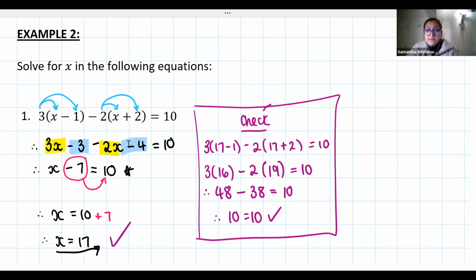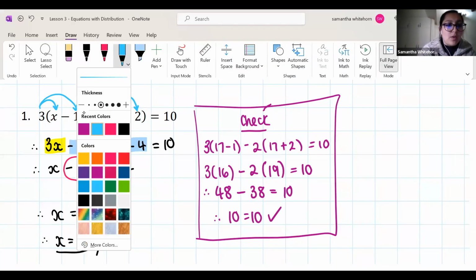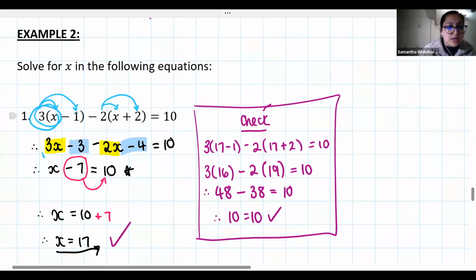Why are we not saying 6x? Well, Mpumelelo, I'm not too sure how we would get 6x, because remember, when we distribute, what we have is 3 times x, which gives us 3x, and negative 2 times x, which gives us negative 2x.